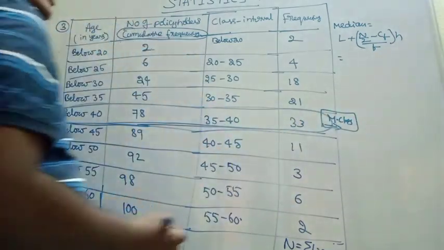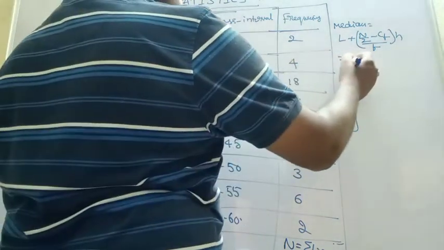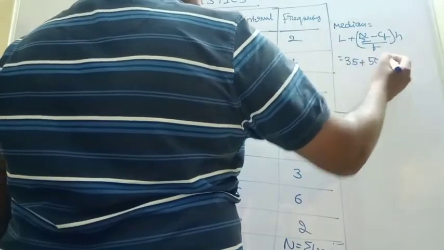We know that L is the lower boundary of the median class, that is 35, plus n by 2, which is 50, minus CF.